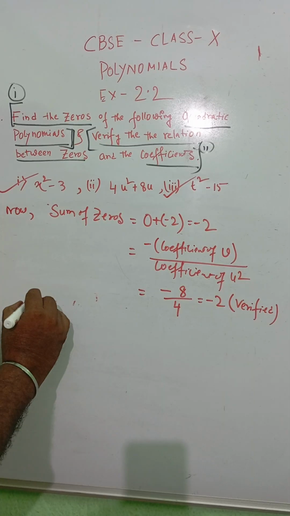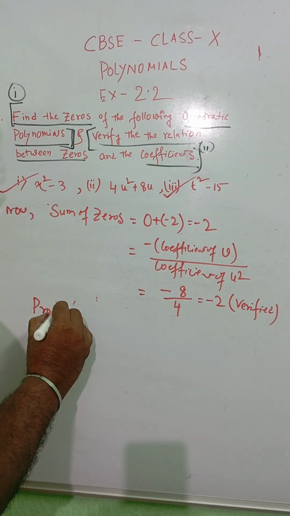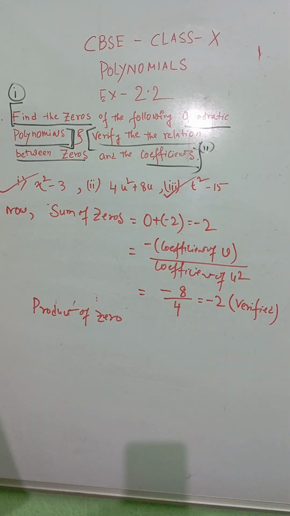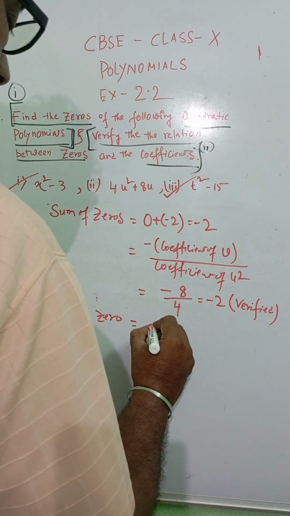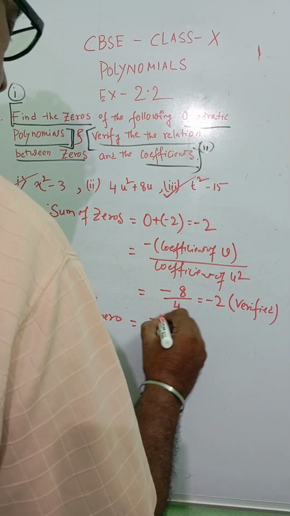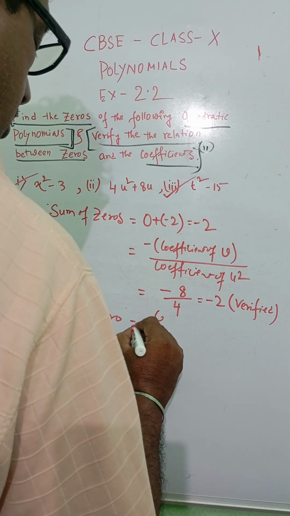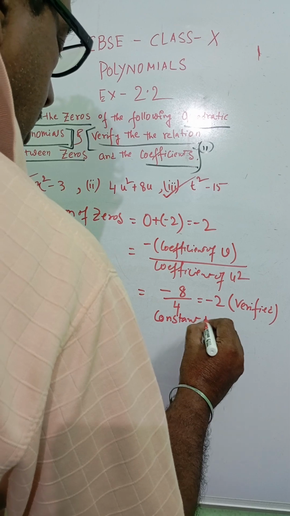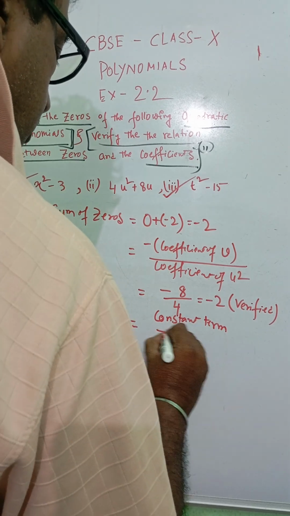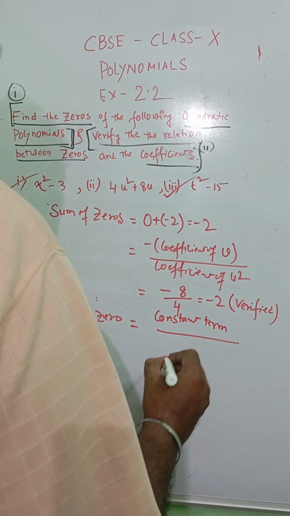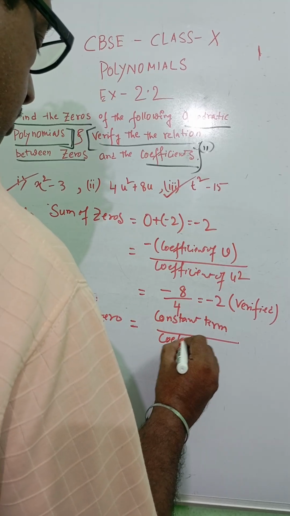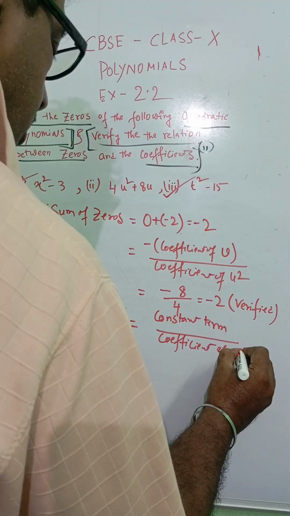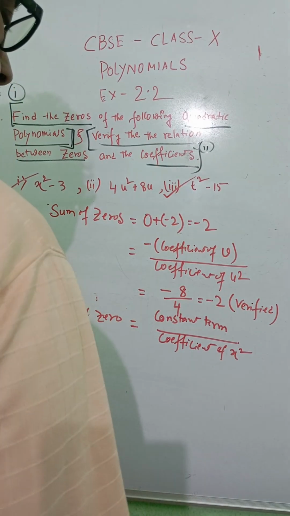The product of zeros is equal to constant term by coefficient of x square.